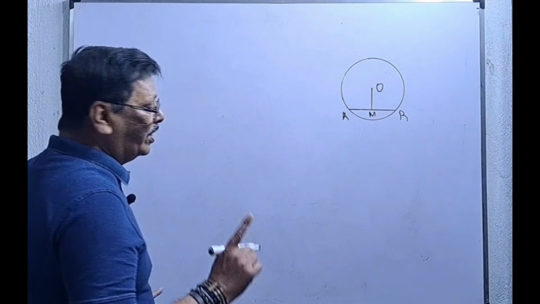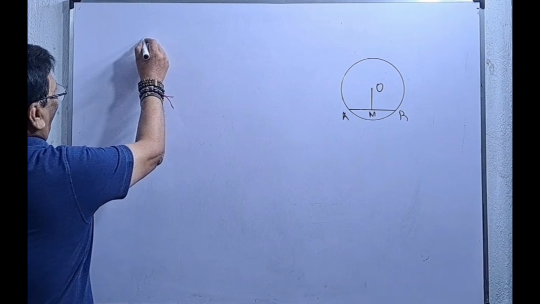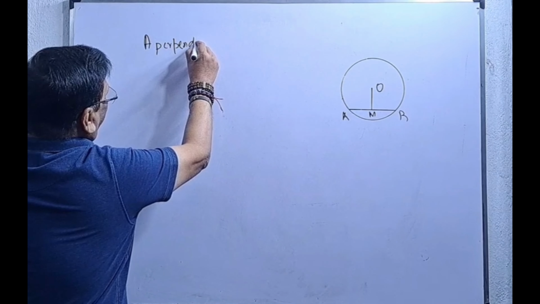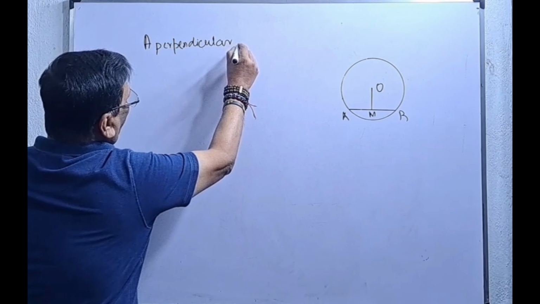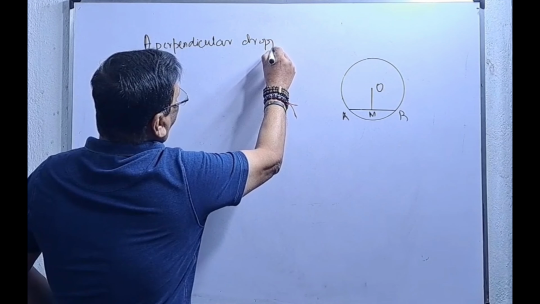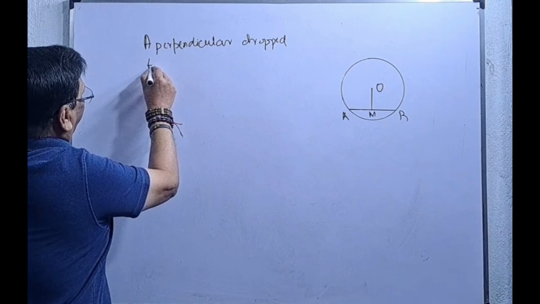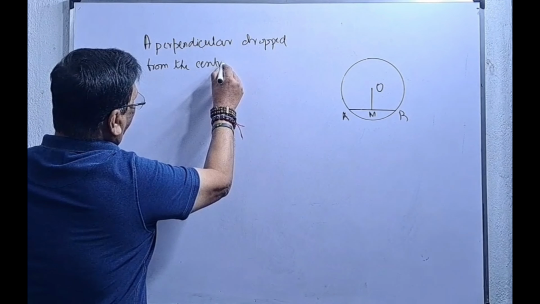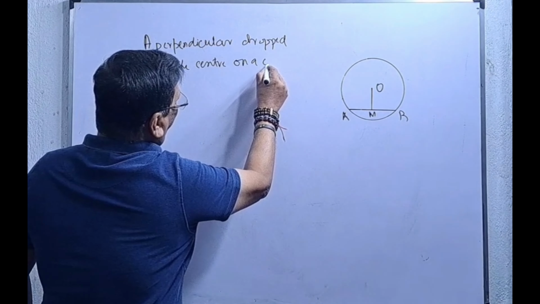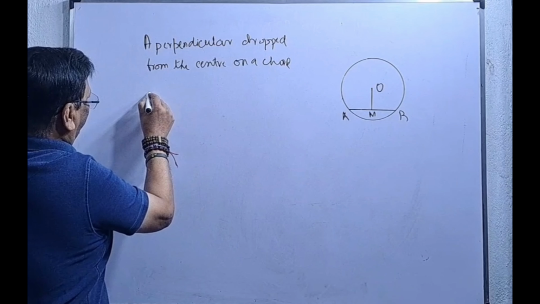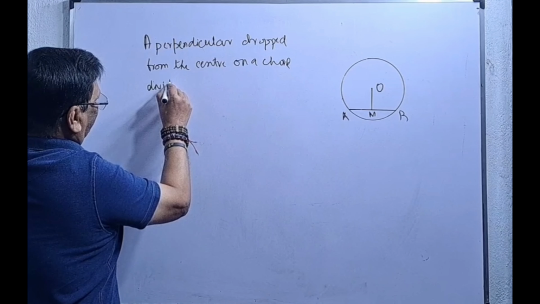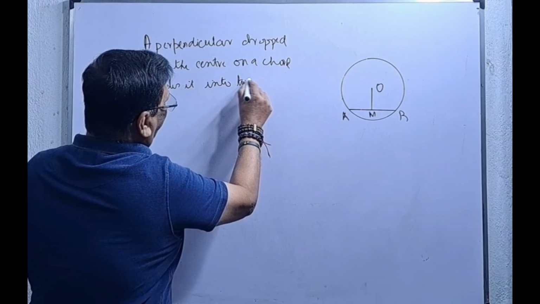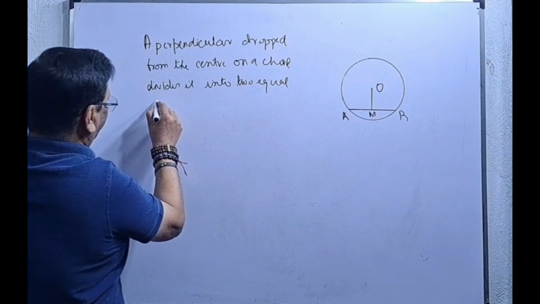Now see theorem number 1. A perpendicular dropped from the center on a chord divides it into two equal parts.